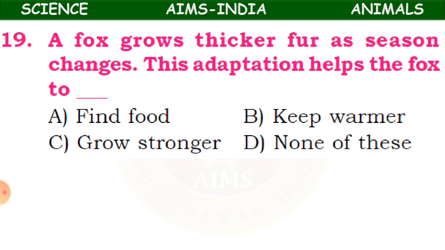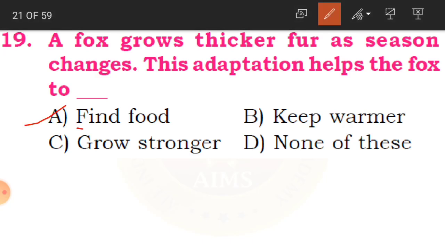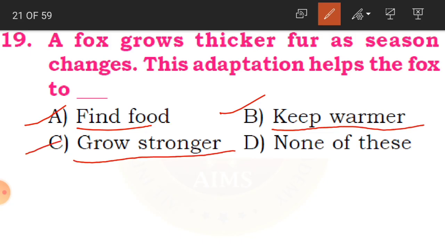Why does this habit help the fox? Whether to find food, A option; whether to keep warmer, B option; whether to grow stronger, C option; or none of these, D option. So which one is the correct one?